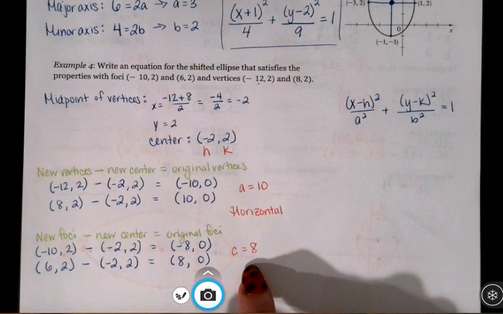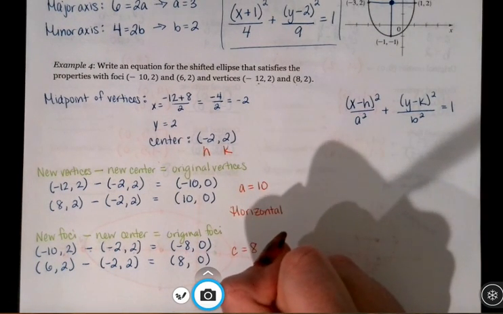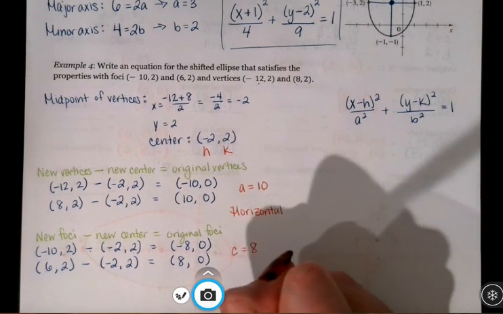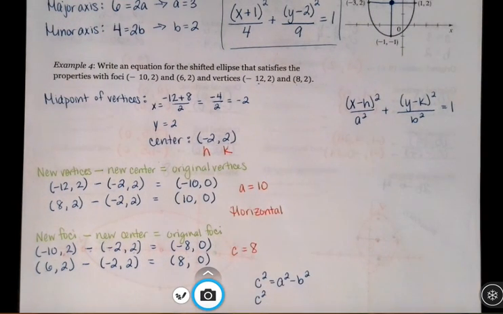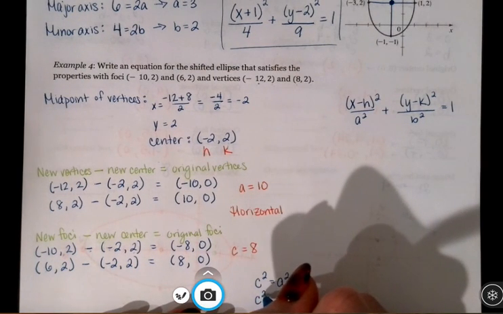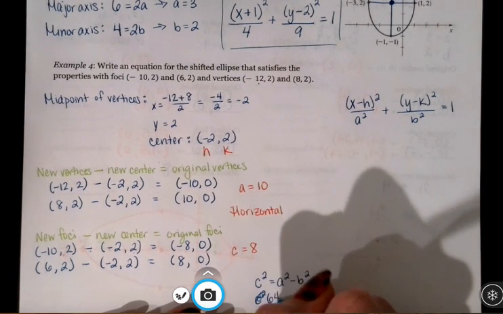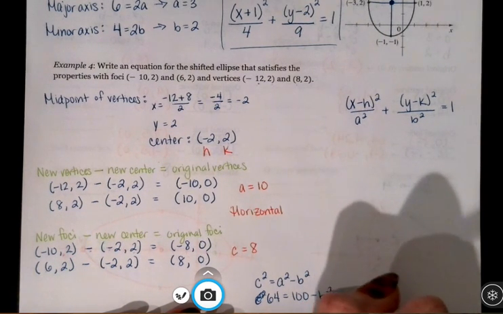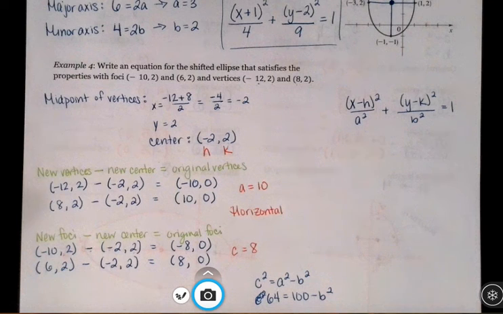Since I have a and c, I can do that. So down here, I'm going to do c squared equals a squared minus b squared. I need to plug in 8 for c. So I want to do 8 squared, which is 64, equals a squared, which is 100, minus b squared. So I'm going to solve that for my b squared.